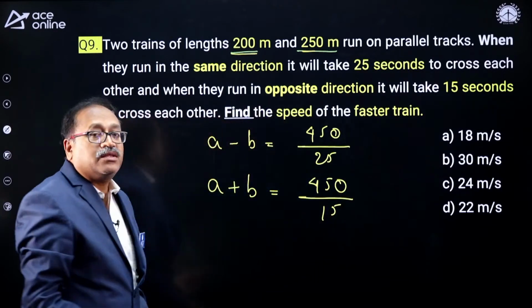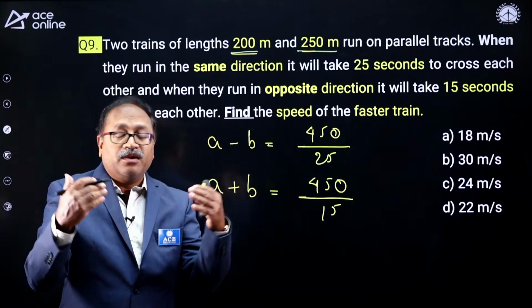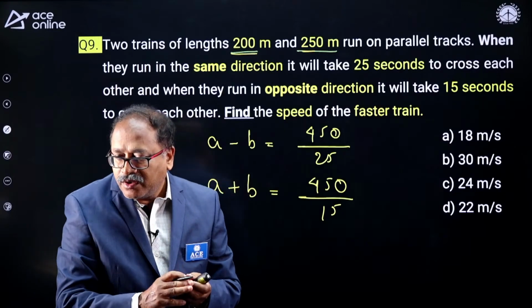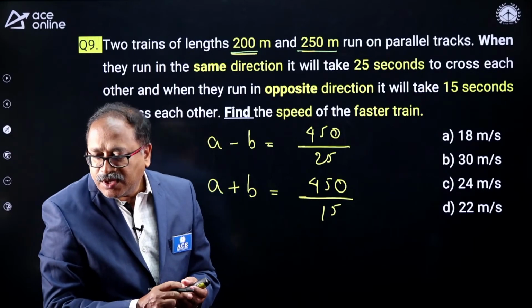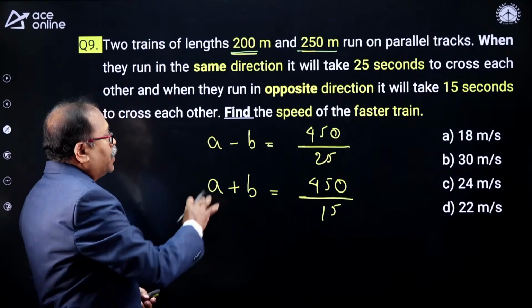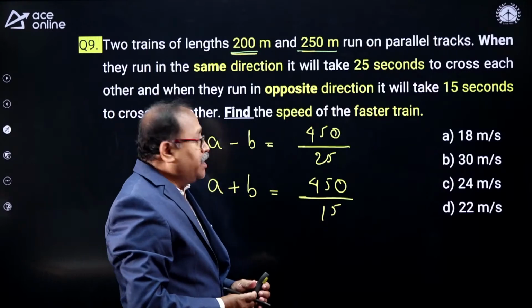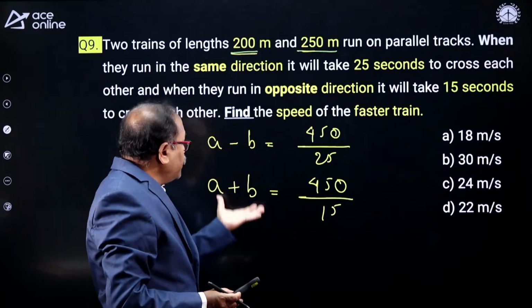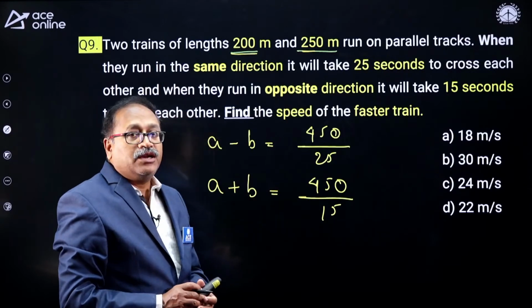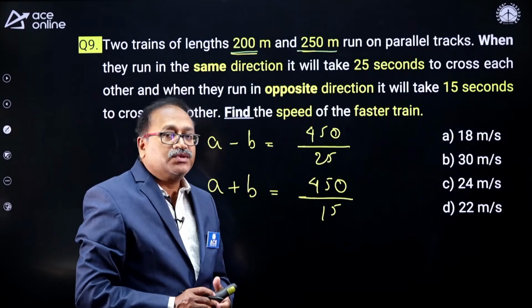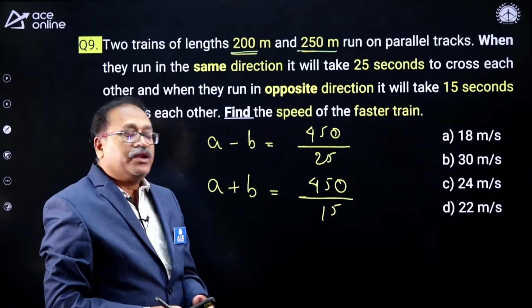Distance by time gives me the relative speed in the form of A plus B. Once I get A plus B and A minus B, by adding these two, B will get cancelled, I will get 2A, then I will get A. And once I get A, I will also get B. So I can find the speed of the faster train.